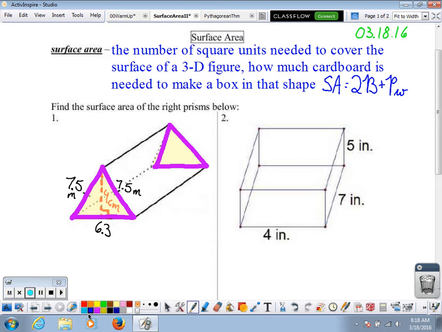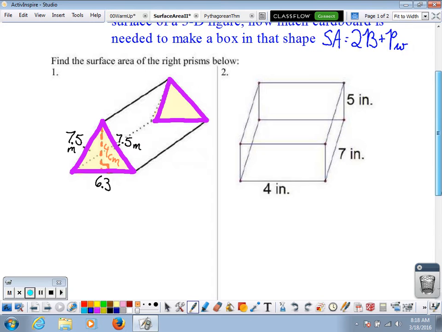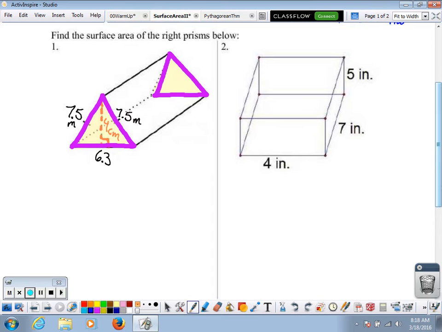Okay, then, next up, in order to use that formula, we need the area of the base and we need the perimeter of that base. So, we said it's a triangle. Justin, what's the formula for area of a triangle?